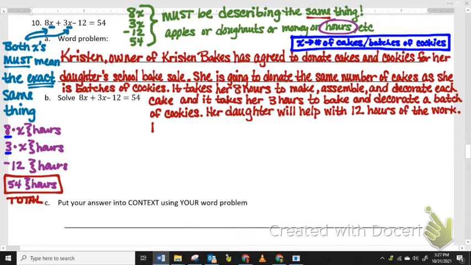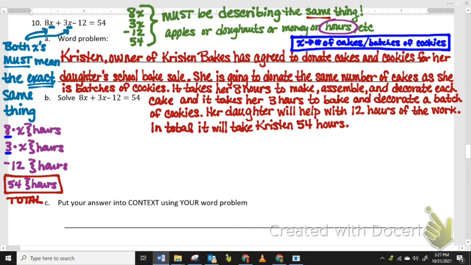In total, it will take, I guess, if I'm going to keep the tense right here, it will, in total, take Kristen 54 hours.